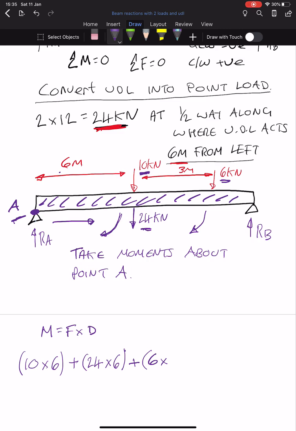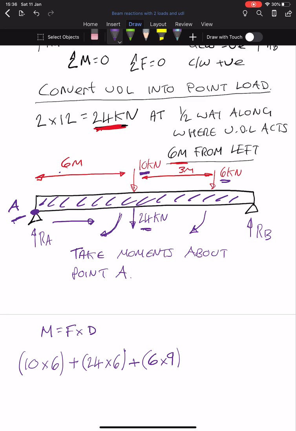So 6 times 9. 6 times 9 is my moment due to that 6, and it's 9 meters away from my pivot point. Going clockwise, that's why it's positive. So I've got 10, 24 and 6. So there's my moments due to them forces.